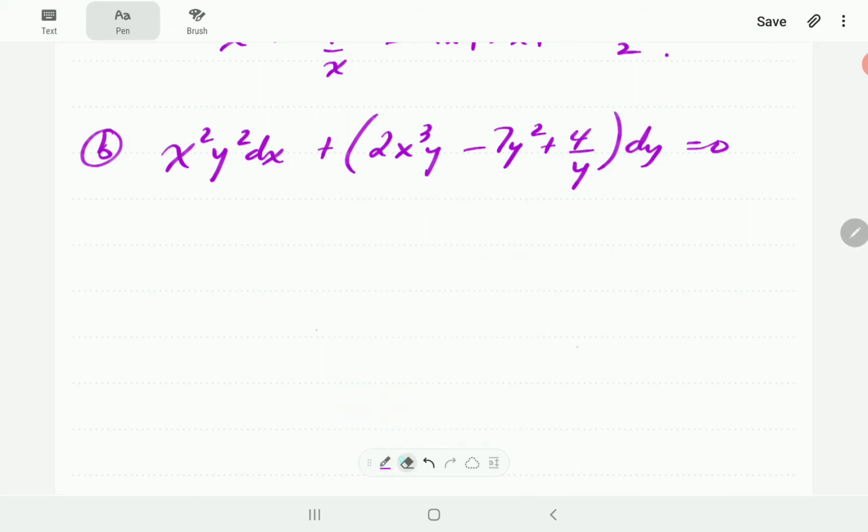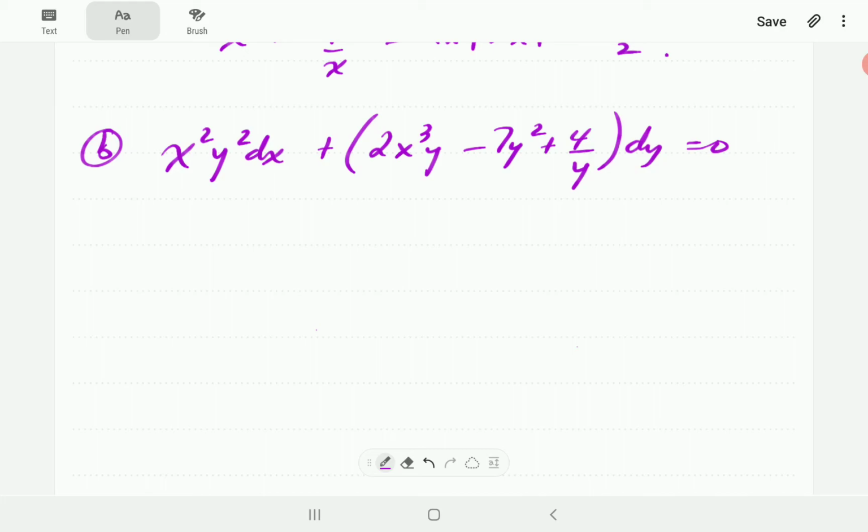Again, if we try to factorize here, we're not going to be able to factorize. So that means this equation cannot be separable. This equation as well is not homogeneous, so that approach is not going to work.